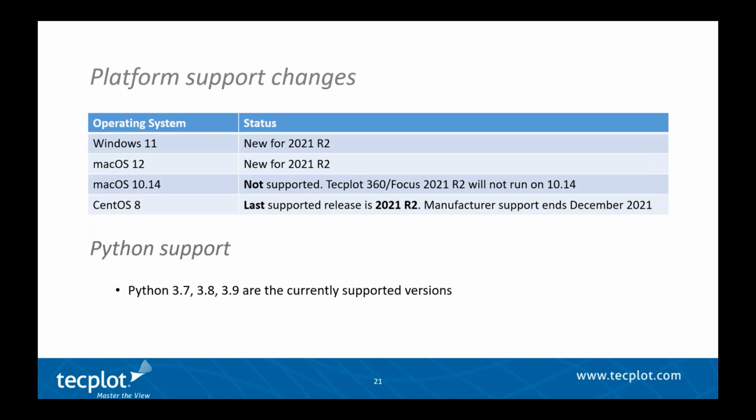While we're on platform support changes, a couple of questions came in about support for Mac M1. This version does not support Mac M1, but it is an area of research for us moving forward to 2022. A little background about the toolkit we use to build Tecplot 360: we use a GUI toolkit called Qt, affectionately known as Qt.